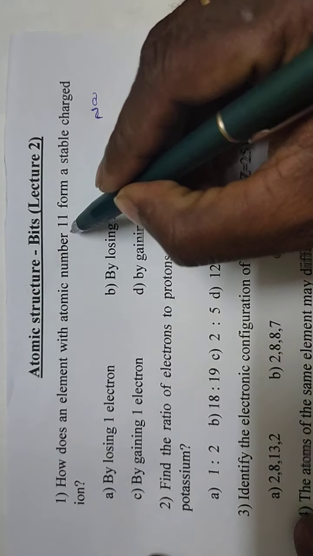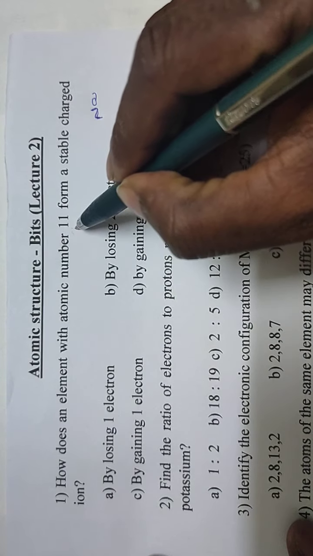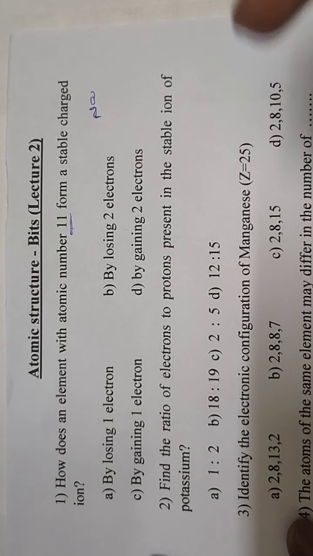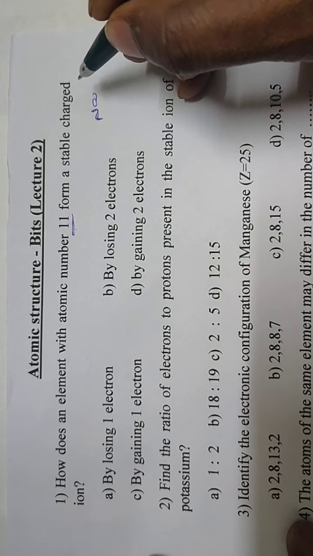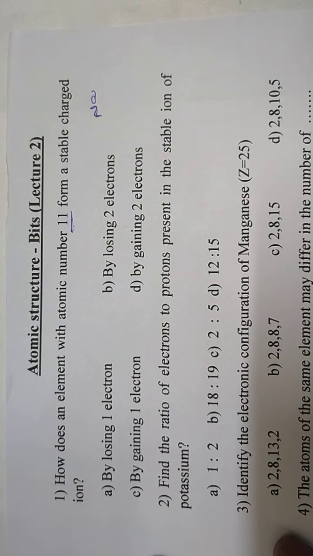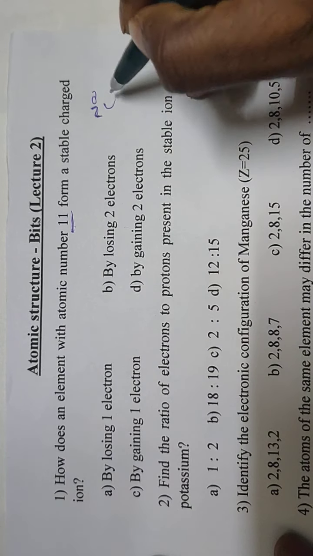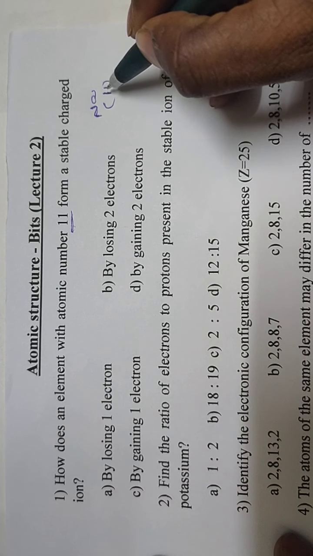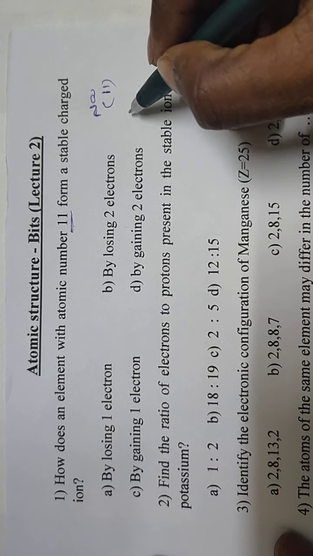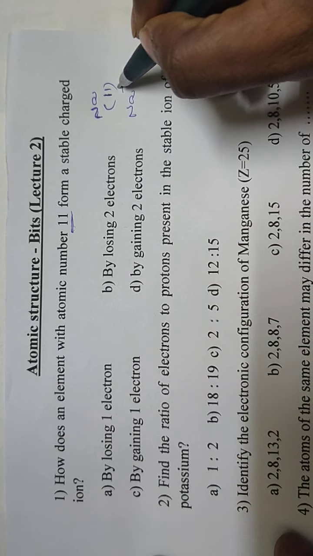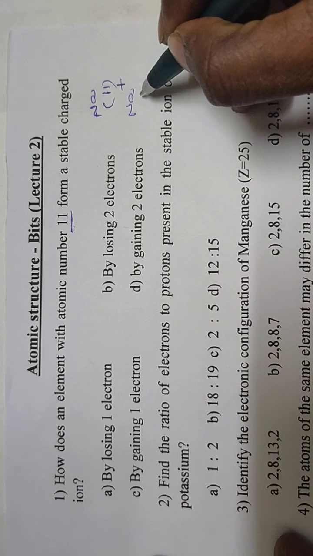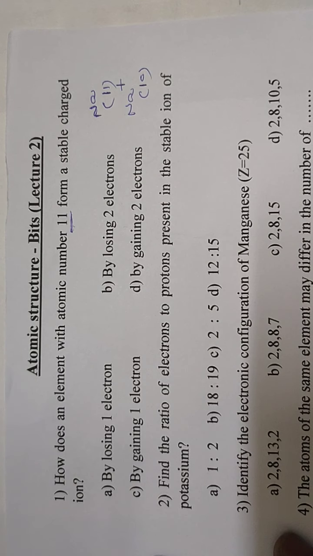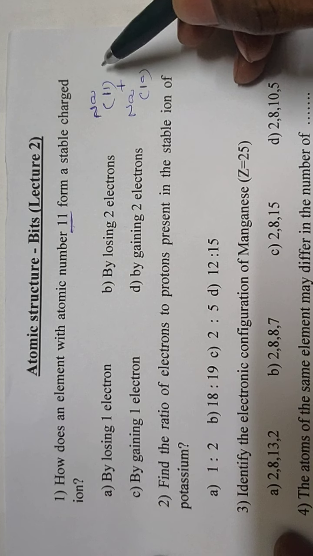Okay, here what is the question? How does an element with atomic number 11, so 11 means sodium, get stability? How many electrons does it have to lose or gain? Sodium's atomic number is 11, so it has to lose one electron. By losing one electron it exists as Na+, that means it has 10 electrons, 11 minus 1.